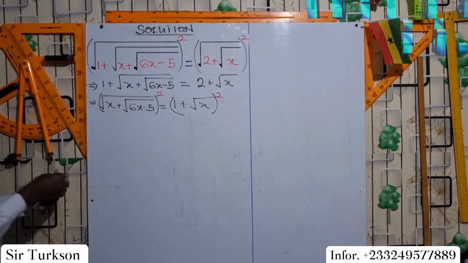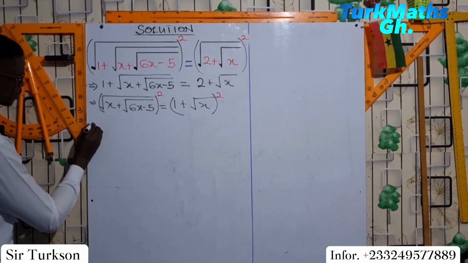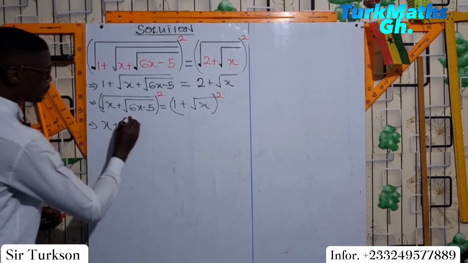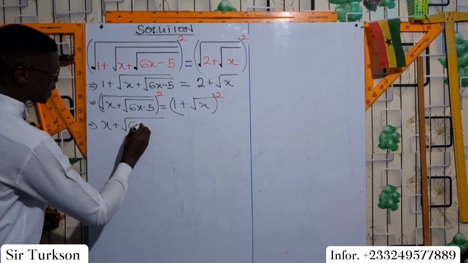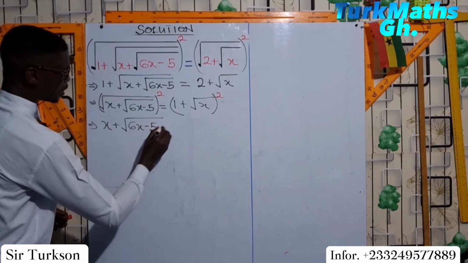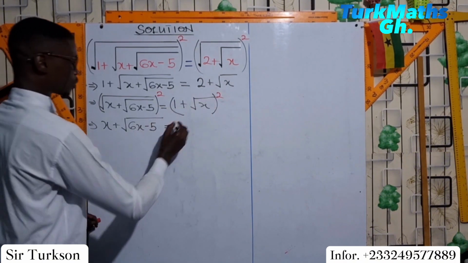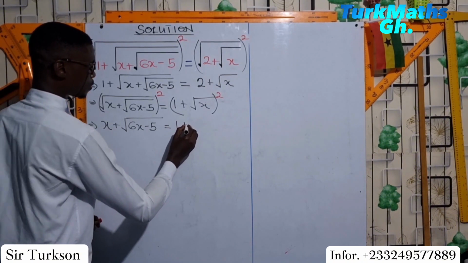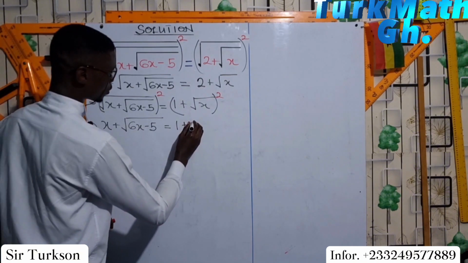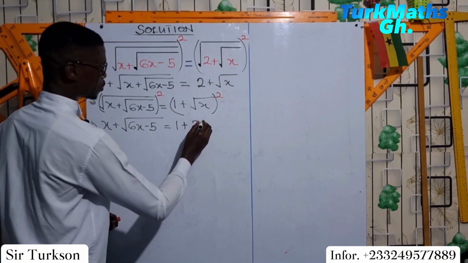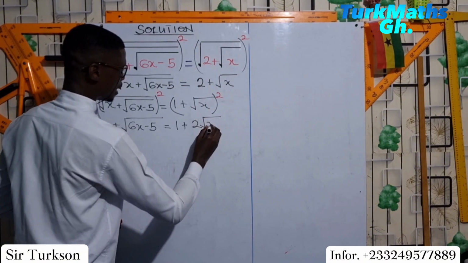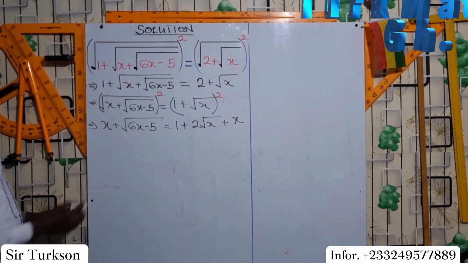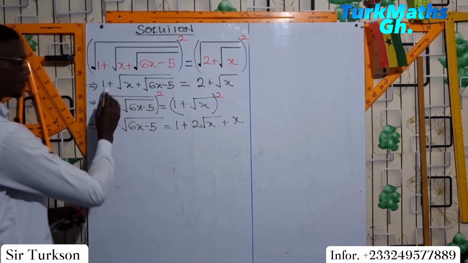So now we are going to have x plus the root of 6x minus 5 equals to 1 plus 2 root x plus x. So you see that we have x here again like the first one.